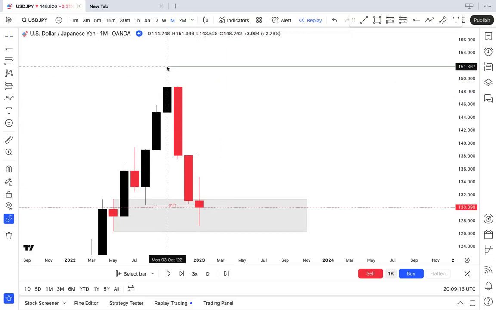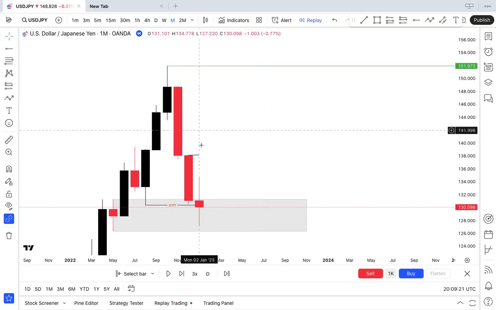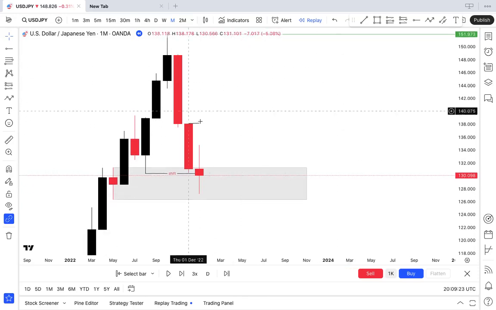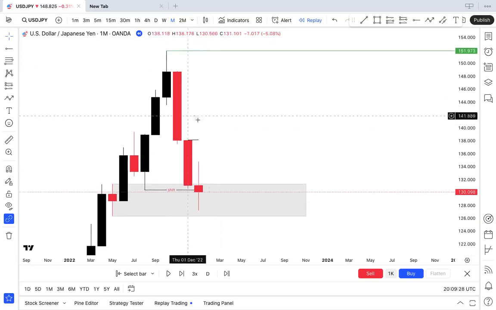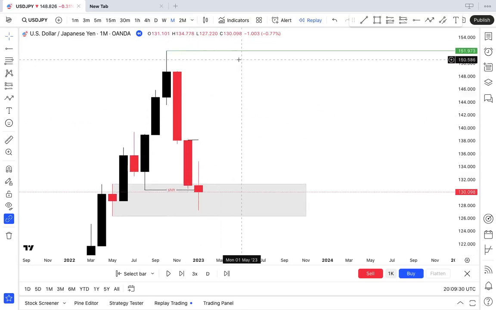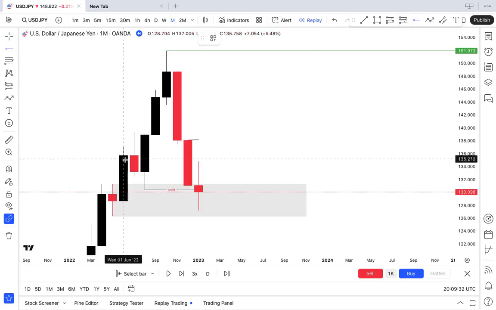Even here it was strong considering the body, but it has a lot of potential to go above here, because it didn't offer us a formation. Formations are what we use to take trades. If it didn't offer formations, it means it is more likely to be taken out, or it can react on the QM.